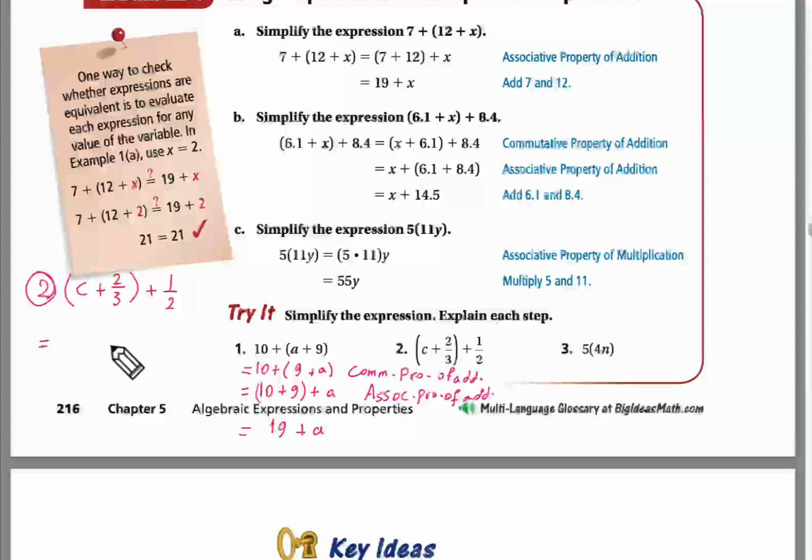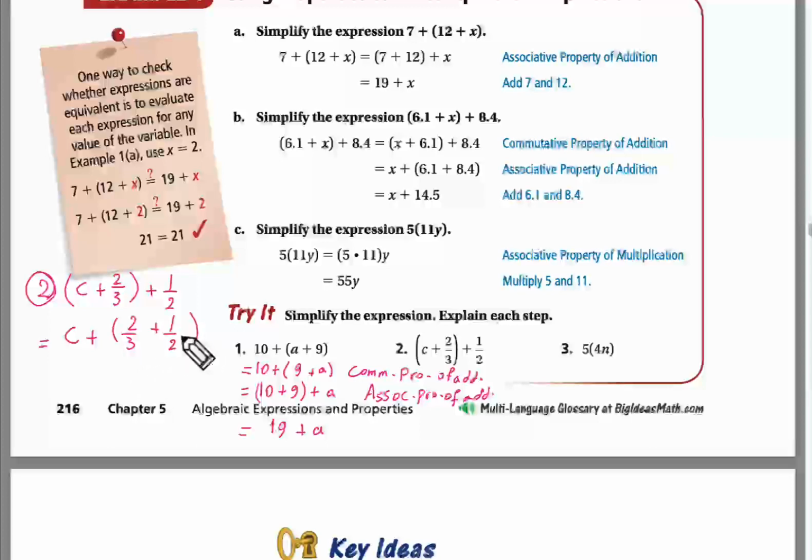Are you going to change the order of the grouping? Yes. So you mean C plus the quantity 2/3 plus 1/2, right? Yes, that's what I mean.